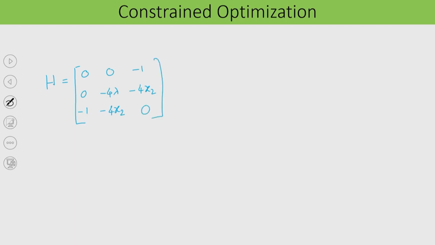If you put the Hessian matrix at x star, then I am getting 0, 0, minus 1, 0, minus 8, minus 0.5, and minus 1, minus 0.5, and 0.